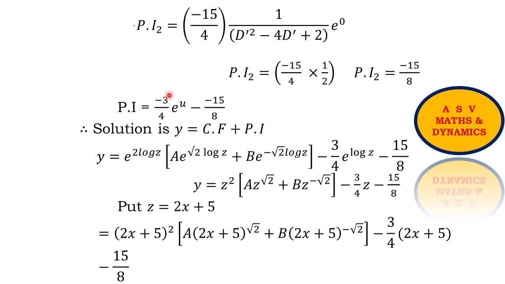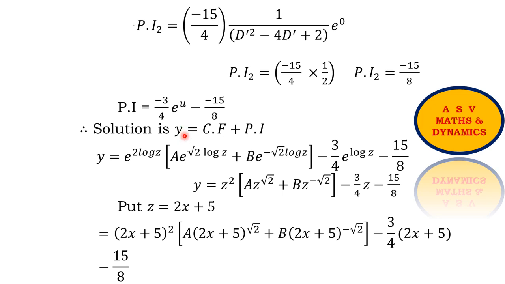Now if you find PI1, it is e power 1u. If you substitute here, 1 squared is 1, minus 4 plus 2, so 3 minus 4 gives negative 1. So we get negative 3 over 4 e power u, minus, and the answer is negative 15 over 8. So now we know the PI value also.